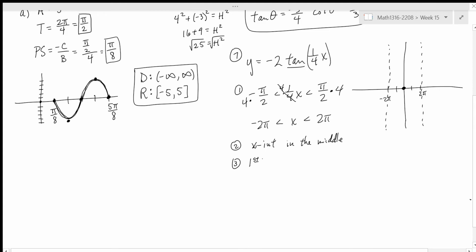At the first and third quarters, we're going to have a y value of negative a and a respectively.